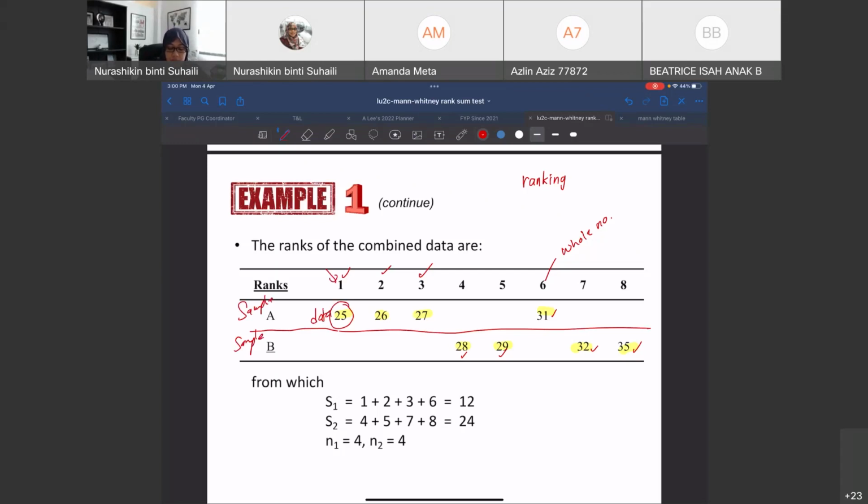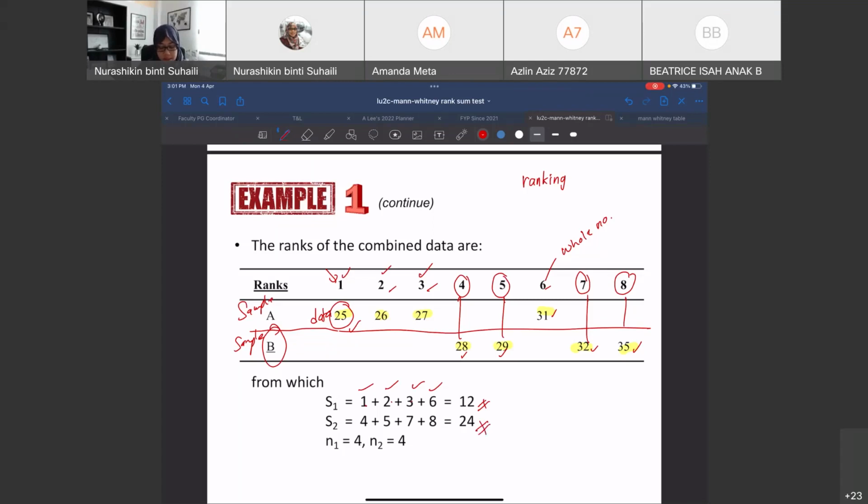So for sample A, the ranks are 1, 2, 3, and 6, which equals 12. And for sample B, it's 4, 5, 7, and 8, because this belongs to sample B. Add all of these up, 4, 5, 7, 8, which gives you 24.